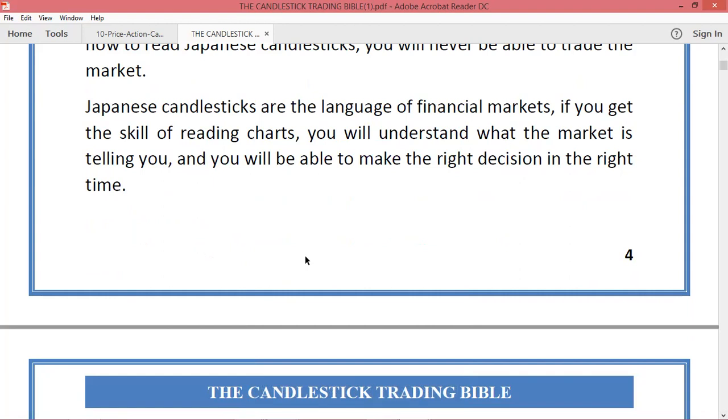This Japanese candlestick is actually telling you what traders are doing at a specific time. For example, say the market has been selling. There have been a lot of sellers in the market, which means on GBP/USD a lot of people are selling GBP to buy USD.